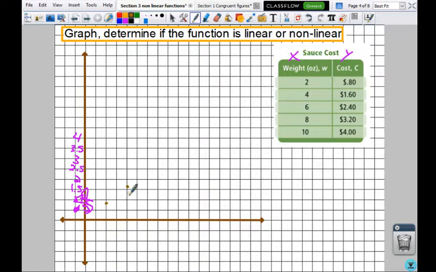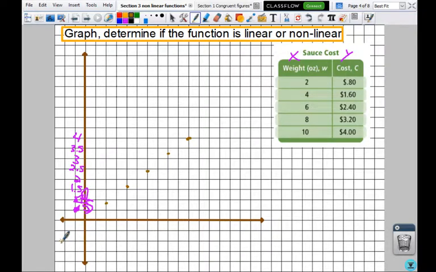That right there. 6, 2.4. 8, 3.2. And then 10 and 4.